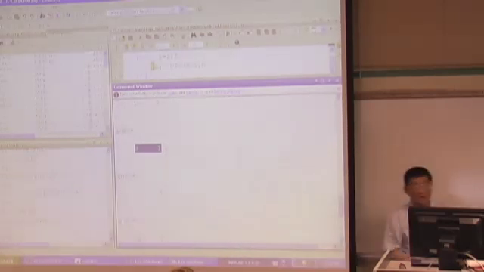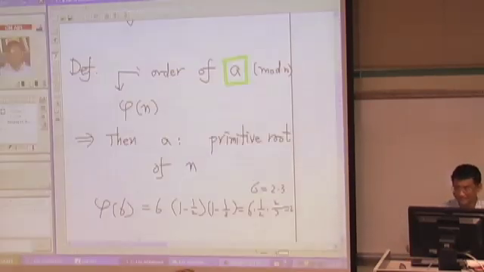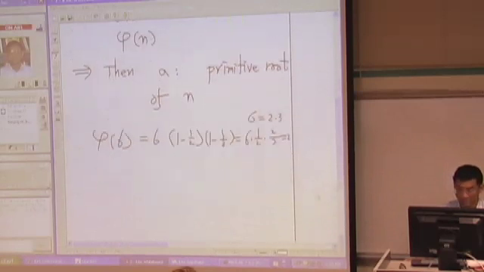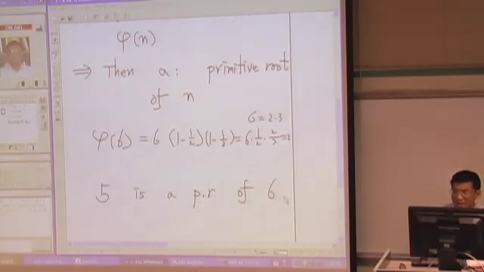Why? Because 5 is a primitive root of 6. Why? Because 5 to the power of phi of 6 is congruent to 1 mod 6.